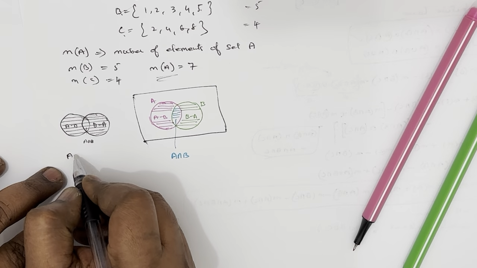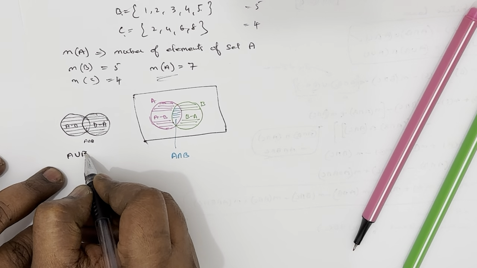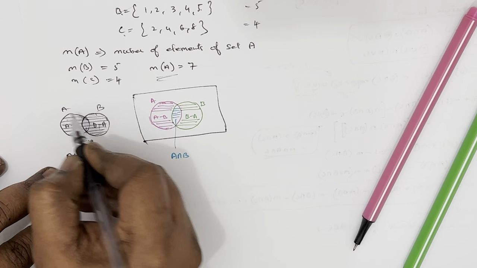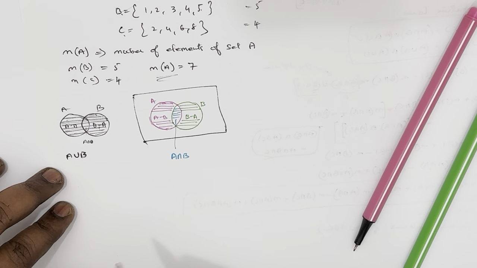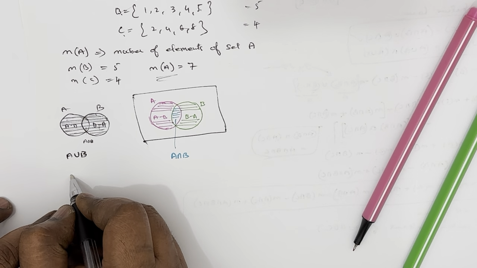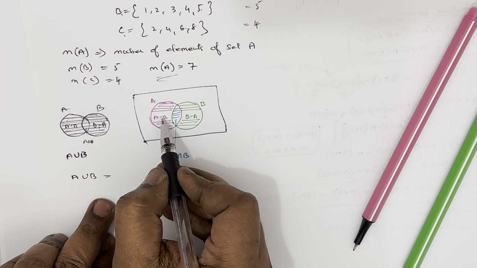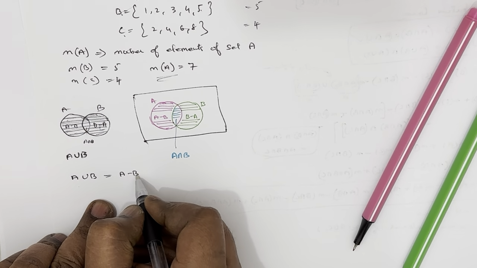This is A union B. A union B is the total combination of both the sets A and B. Now this A union B can be written as A minus B plus A intersection B plus B minus A. We can write this in this way.